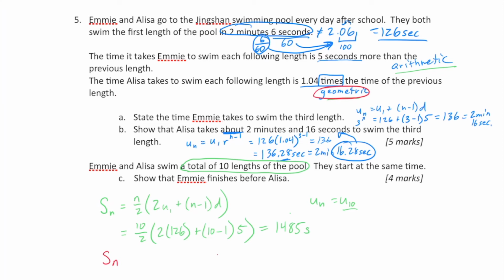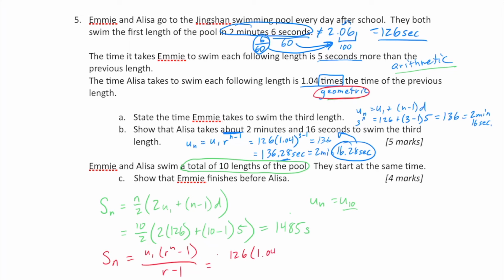So now we're going to look at Elisa, and she, remember, was geometric. Again, we've got a formula for geometric, which is Sn equals u1 times r to the n minus 1 over r minus 1. Again, you can use the second equation; it is less important which one you use, because they have exactly the same variables.